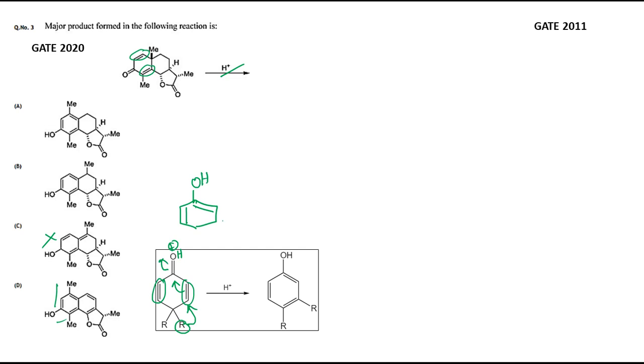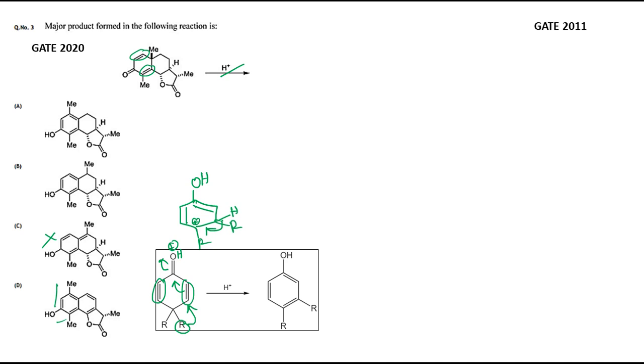Oxygen is now neutral, and the positive charge will be here because R is already migrating. Here the two R groups are the same, but if they are different, the R group with more migrating capability will migrate. So finally we get this type of phenol structure, because this hydrogen will ultimately be removed as H plus and you will get a CC double bond.